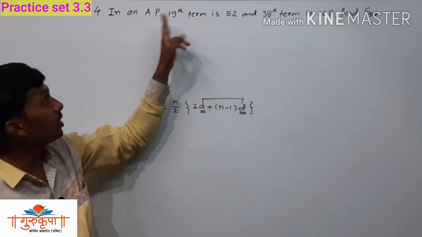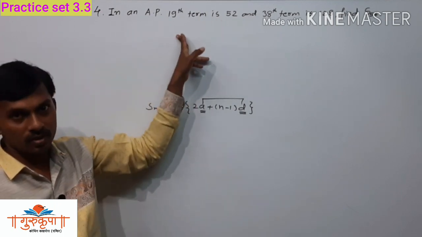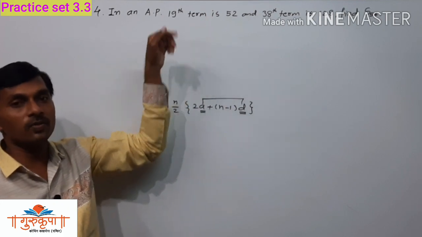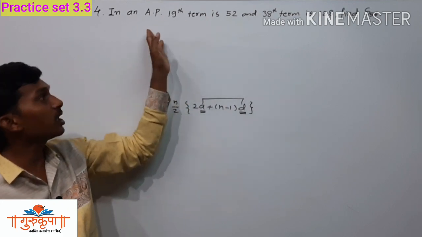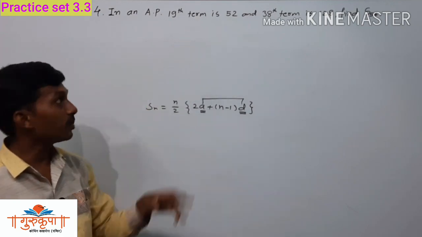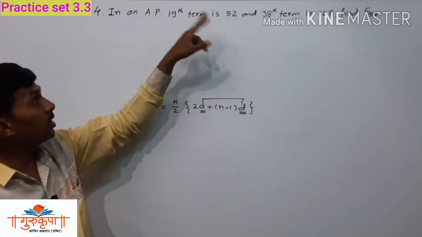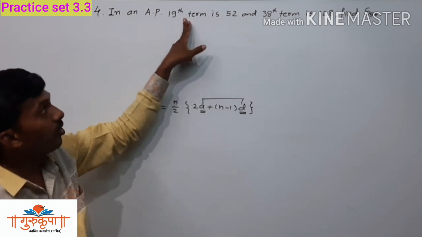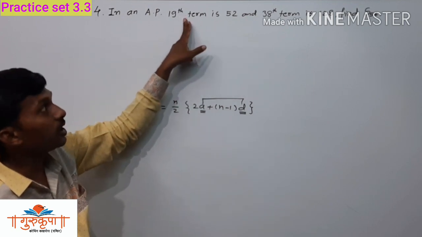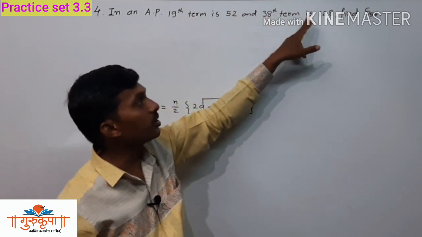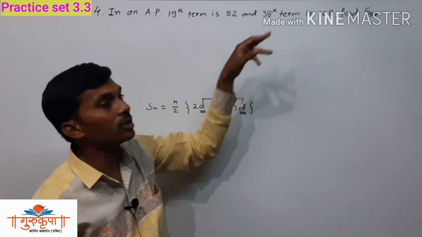That is, we are given two terms and we have to find the first term and common difference of that AP. We already simplified this type of example in practice set 3.2. Here we are given the two terms, so you will get a linear equation in two variables from this 19th term, and another from this 38th term.